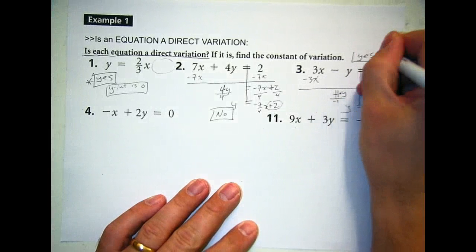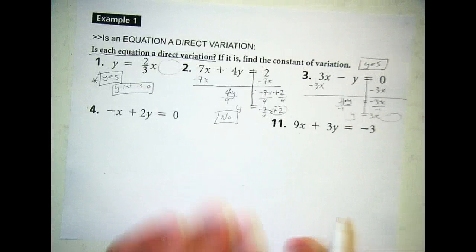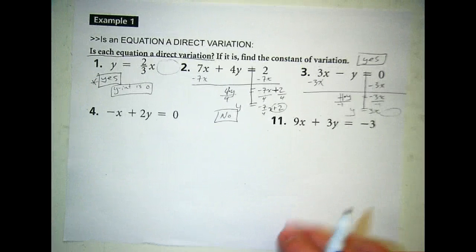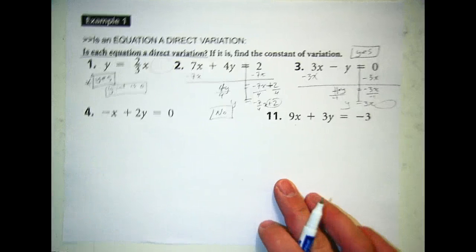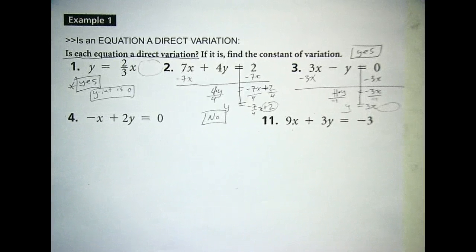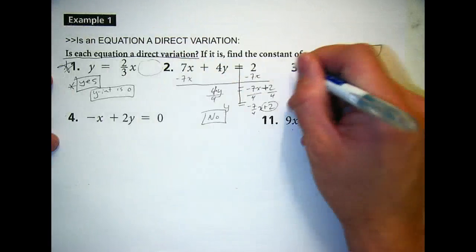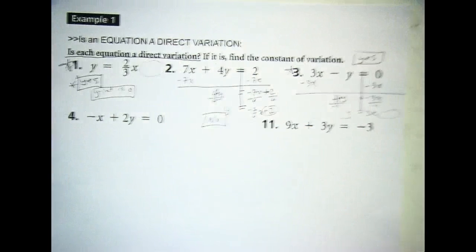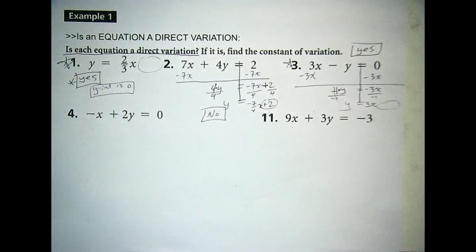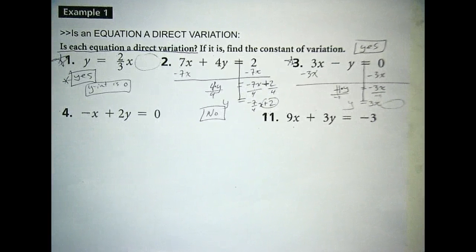There's nothing at the back part here. So it's a direct variation. Okay. Let's stay with those 3 right there for now. On those 3, we have 2 that are direct variations, number 1 and number 3, and then there's one that isn't. Those 2 that are, find the constant of variation. I want you to tell your neighbor the constant of variation on number 1 and 3.